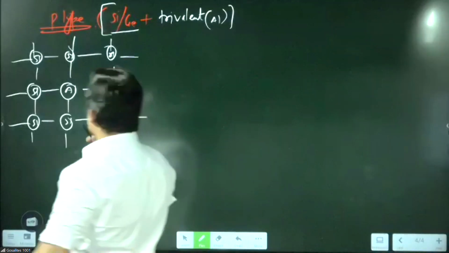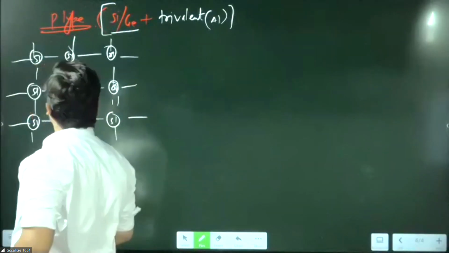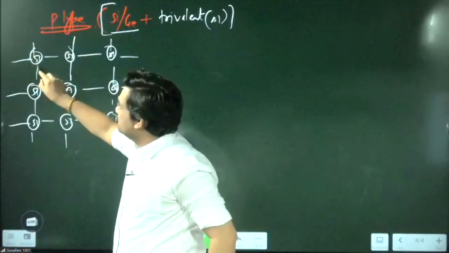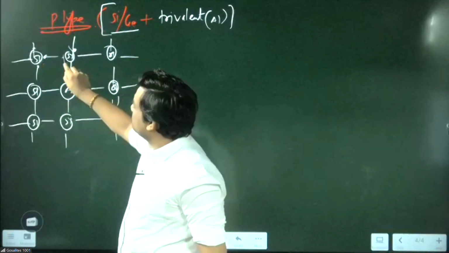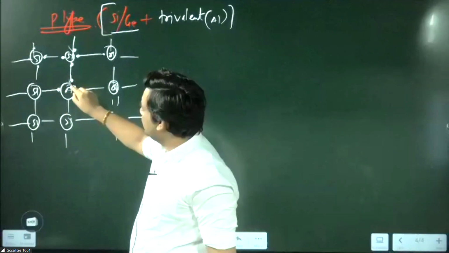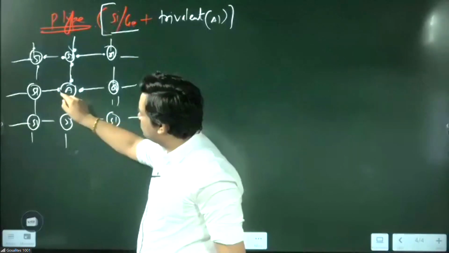Now, you know that silicon is going to have 4 bonds with each other. There are 4 electrons, and they are going to make 4 bonds. When aluminum enters, aluminum has only 3 electrons. So at most, how many bonds can it form?